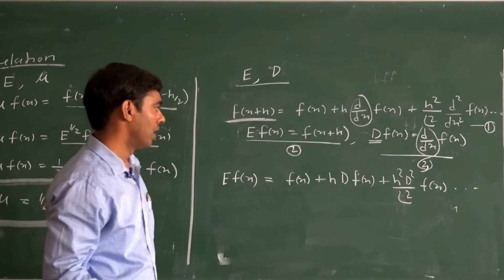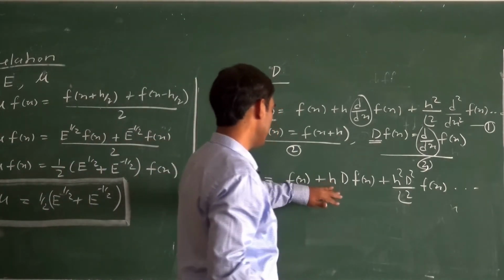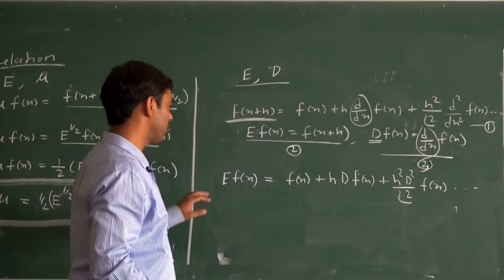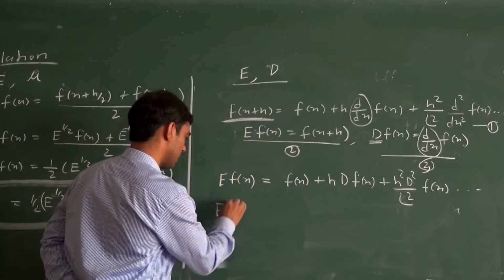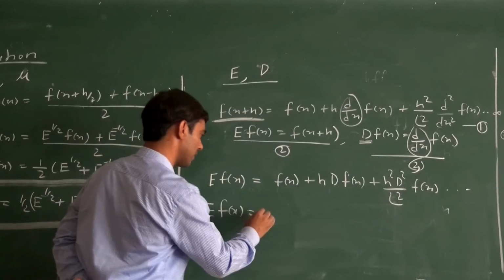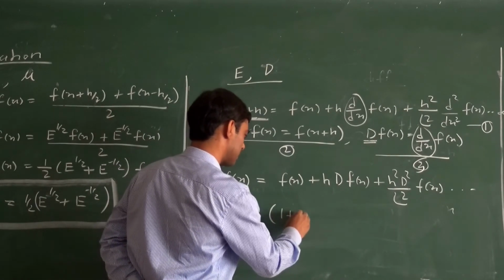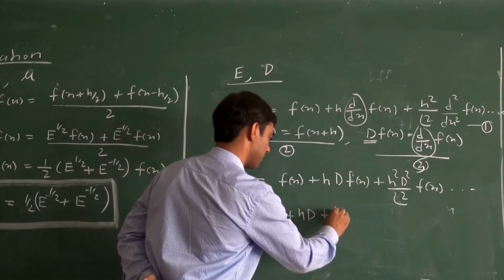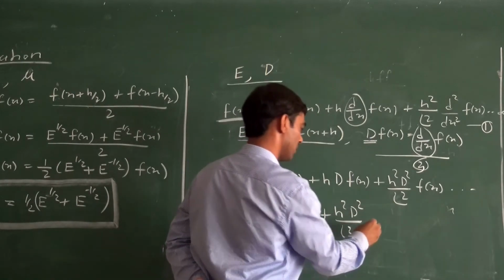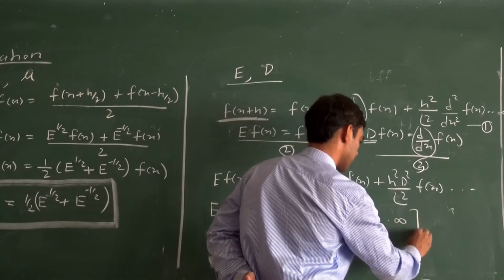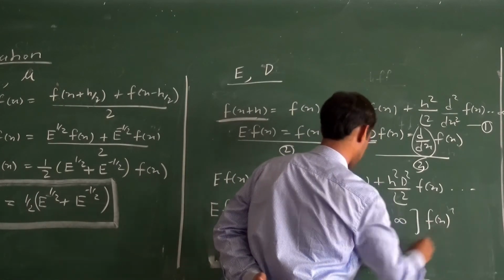So if we write it only in terms of operators, E of f(x) equals 1 plus hD plus h square D square upon factorial 2, up to infinity, of f(x).